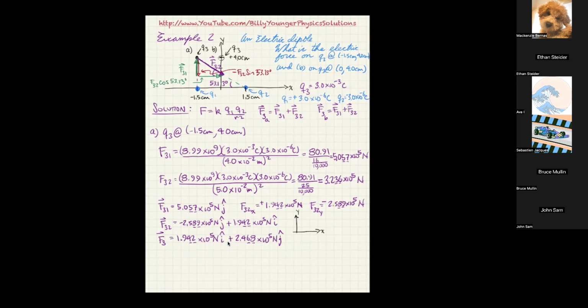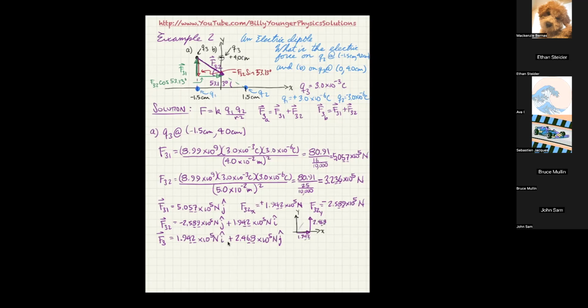The x component is going to be about 2. So here's a vector that's 1.942, and here's another vector that's 2.4. Notice it's a little bigger, 2.468. I'm ignoring the 10 to the 5th because that's going to cancel out, but it's the same thing.